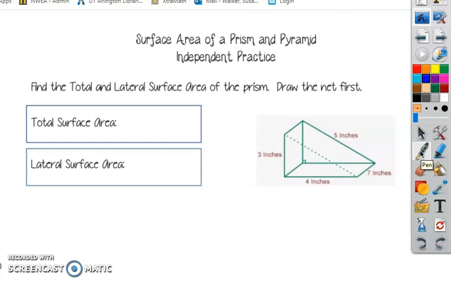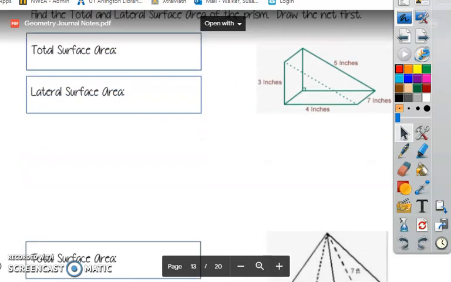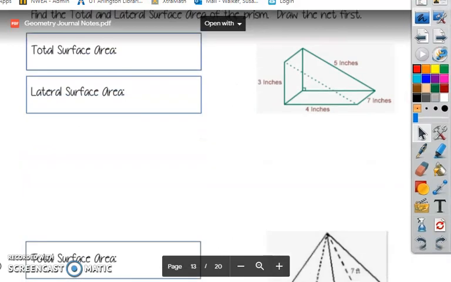I'm not sure, but they might give you a net. So to do a net, I'm going to move this some so that I have some extra room. To do my net, I always start with my base.